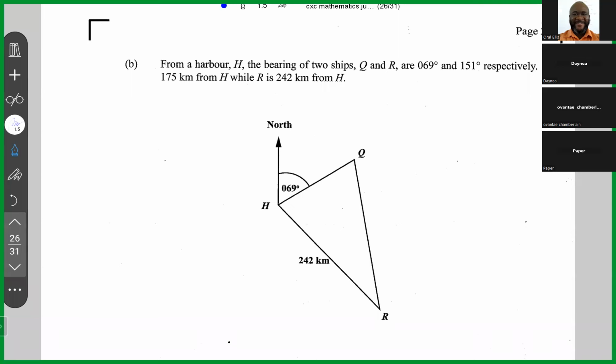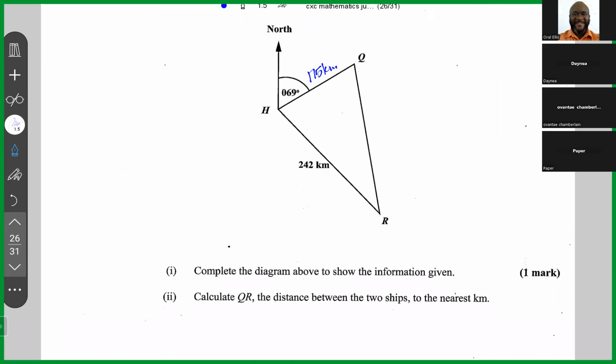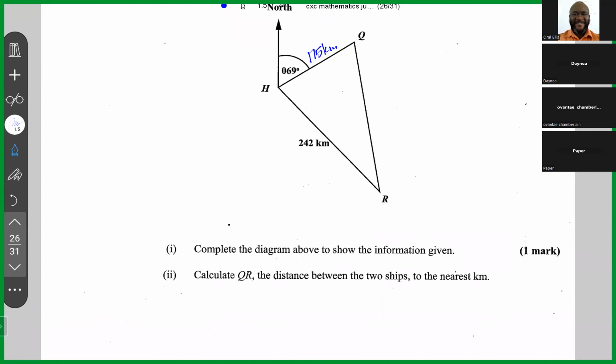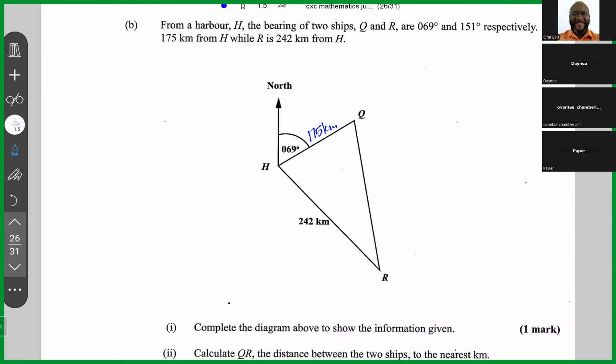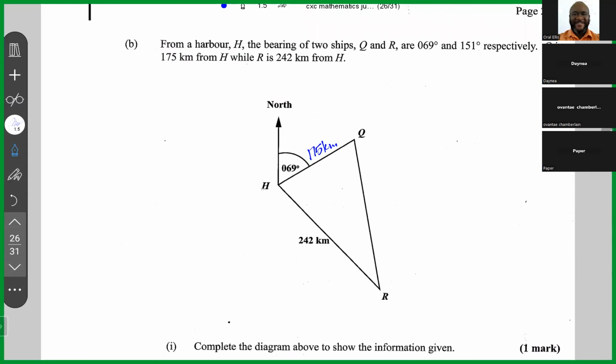Q is 175 kilometers from H, while R is 242 kilometers from H. We're asked to complete the diagram by inserting above to show the information given. The only other thing that is missing is the 151 degrees. Bearing is measured clockwise from north.